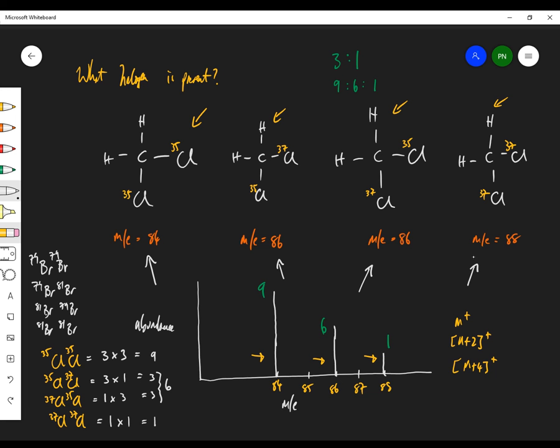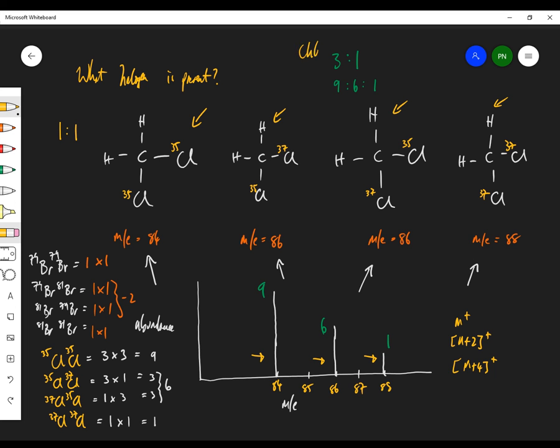Now, if you remember, bromine is 1 to 1. So the chance of that is 1 times 1, of that is 1 times 1, of that is 1 times 1, and of that is 1 times 1. But these two are the same mass, so this is 2. So for bromine, if there's one bromine, you get a ratio of 1 to 1.